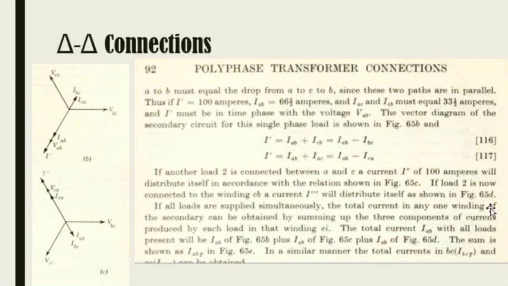So in short, I prime is equal to 100 amperes, which was mentioned in the problem earlier.